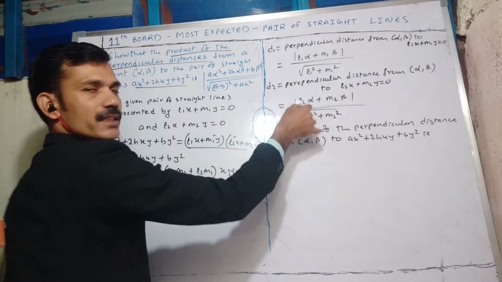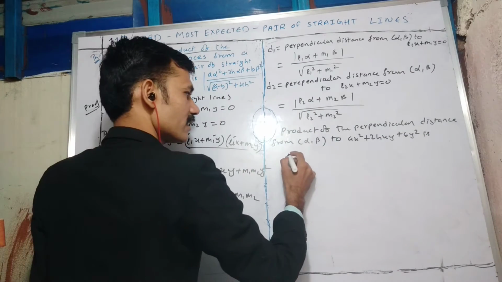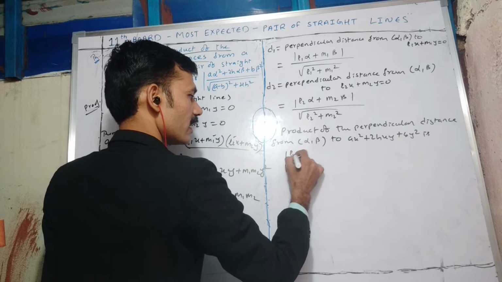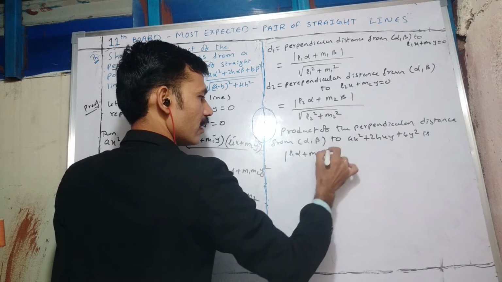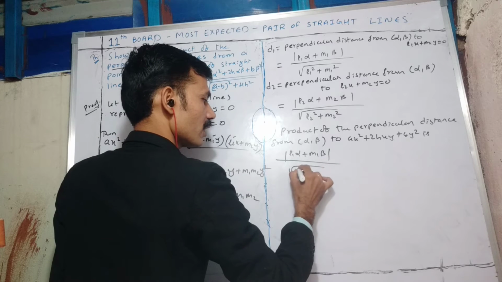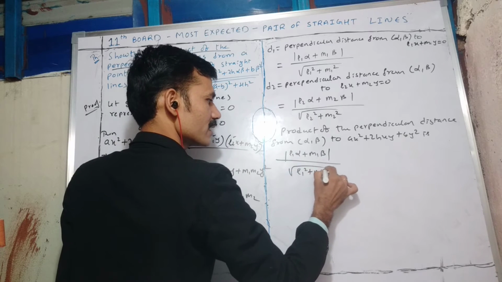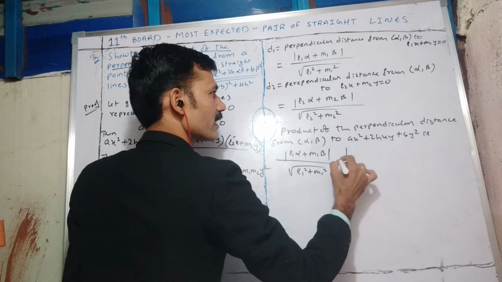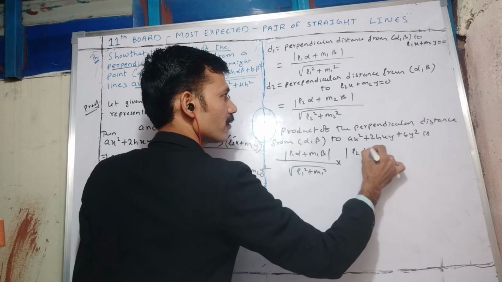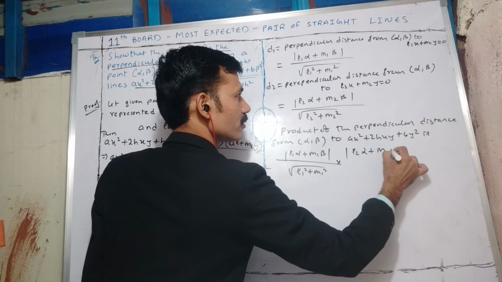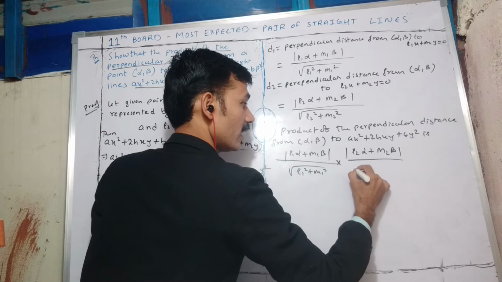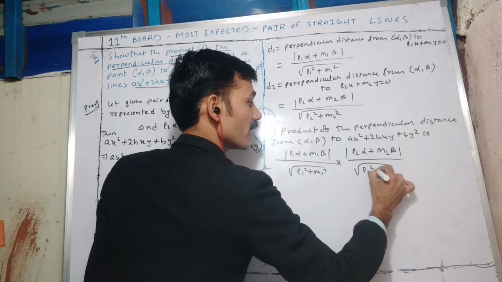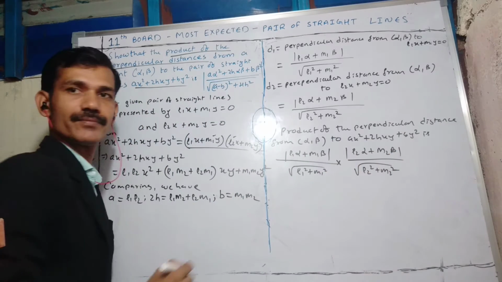Okay, we have to multiply these two things. That is, one we are having L1 alpha plus M1 beta upon under root of L1 square plus M1 square. Another we are having L2 alpha plus M2 beta upon under root of L2 square plus M2 square.